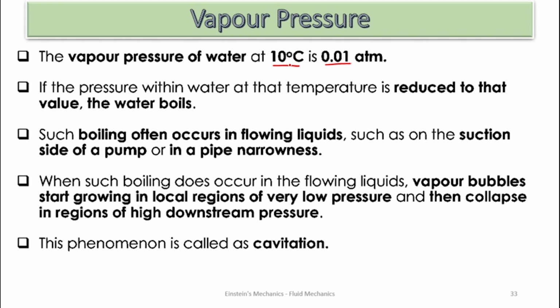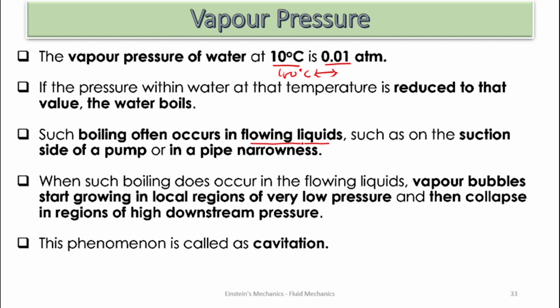Boil. So boiling of water depends on what temperature and what pressure we are referring to. It is not necessarily at 100 degrees Celsius that water will boil. If the pressure does not correspond to the actual pressure needed at that temperature, the water is not going to boil. So let's take into consideration that such boiling often occurs in flowing fluids.